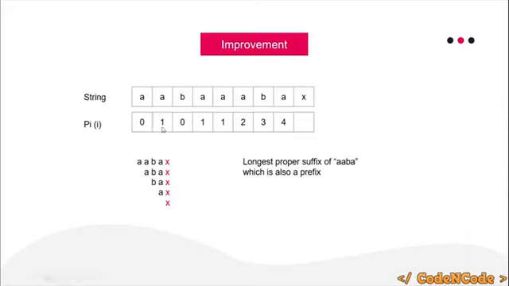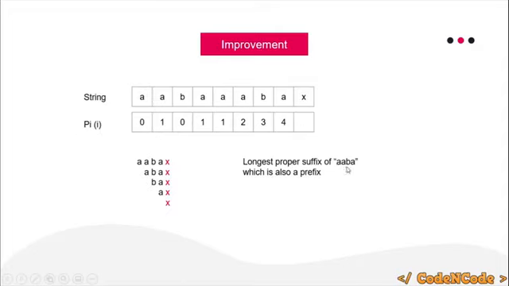Now, don't you think that is the exact work of pi, what we are saving in the pi array? Pi of I tells you the longest proper prefix which is also a suffix of the substring 0 to I, and that is exactly what we want here. We want the proper suffix of AABA, which is also a prefix. And to find the answer of this, we can utilize the pi array.